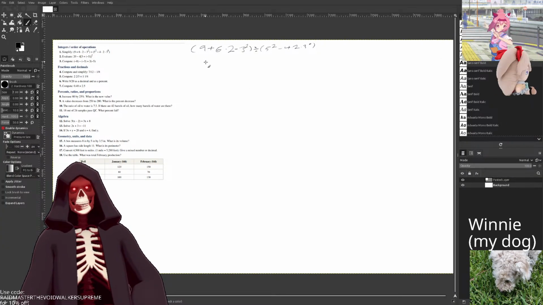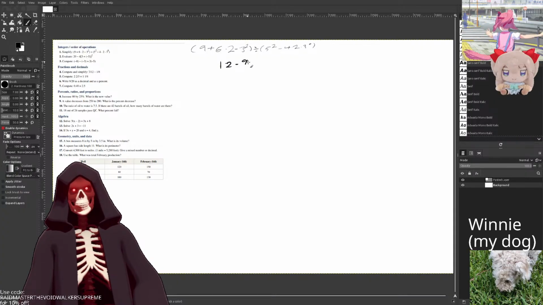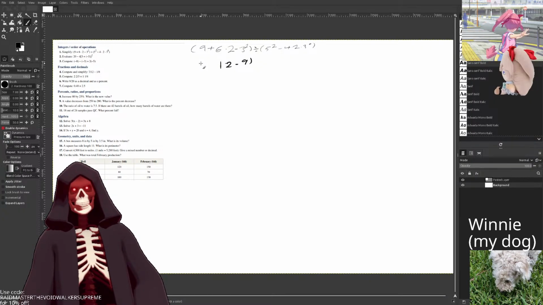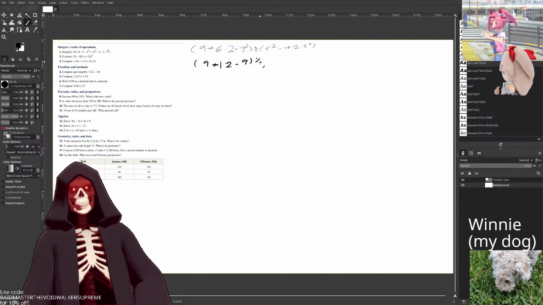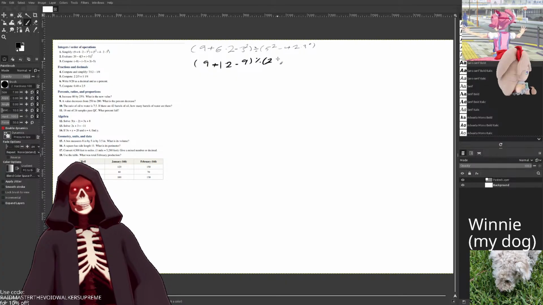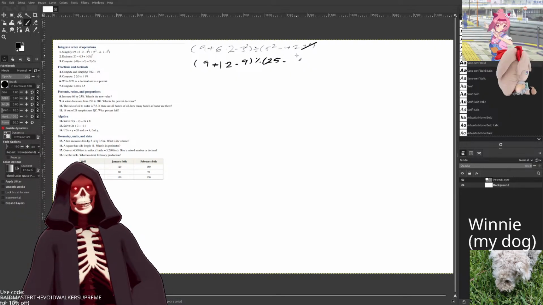So basically, these two, that gets turned into 12. That right there. 9. 9. And then we... 25 minus... That's 1. So that basically you could just cross that off entirely.